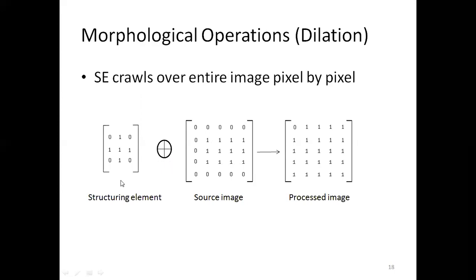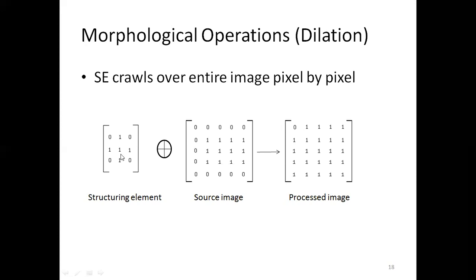What the structuring element does is crawl over the entire image starting from 0 0. This is the matrix, so we can give indices, 0 0 to 4 4. It crawls over the entire image pixel by pixel, and if it satisfies some condition, then the processed image will have a 1 pixel, or otherwise it will be a 0 pixel.